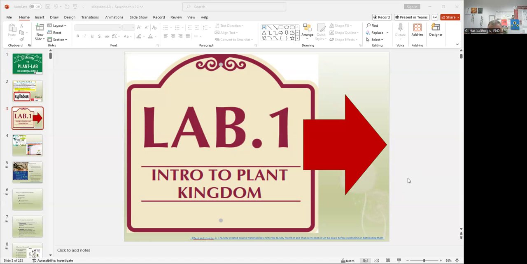Lab number 1 has objectives starting with basic vocabulary like angiosperms, monocots, dicots, flowers, largest flowers, smallest flowers, plant, largest organisms, plant needs, and appreciation for plants, specifically for angiosperms.